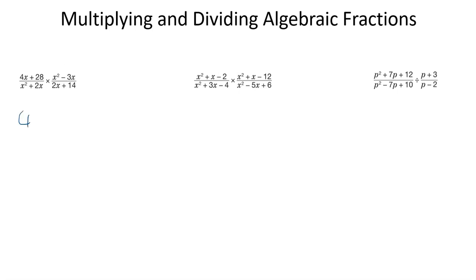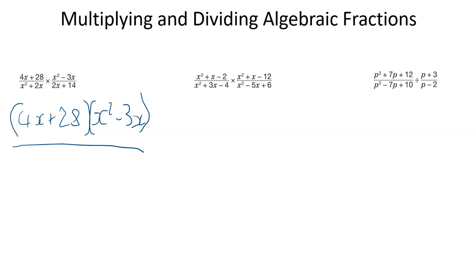So we get 4x plus 28 times x squared minus 3x all over x squared plus 2x times 2x plus 14. Now it would be nice if we had to expand this and expand that and then refactorise and things, and it'd be nice if actually it worked already, that the stuff to cancel. And actually these things are factorisable before we get started.